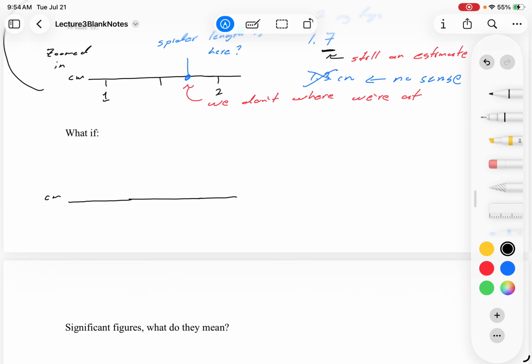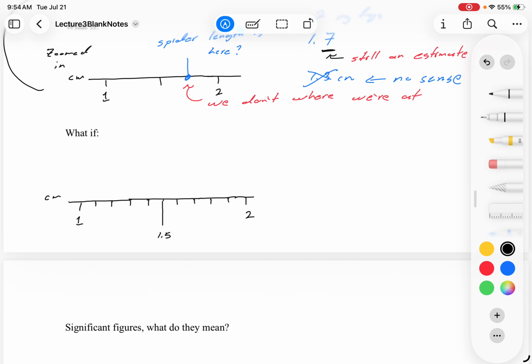And we have your 1 right here. You got your 2 right here. And let's say you got your 1.5 right here. And then we have 1, 2, 3, 4. So it's 0.1, 0.2, 0.3, 0.4, 0.5, 0.6, 0.7, 0.8, 0.9, 2.